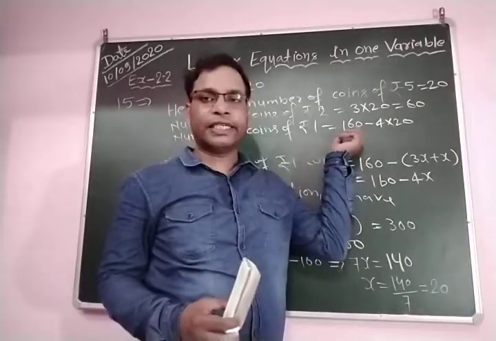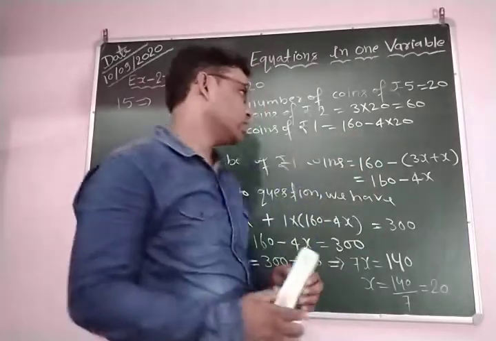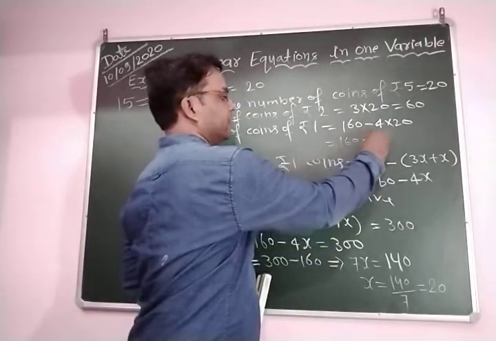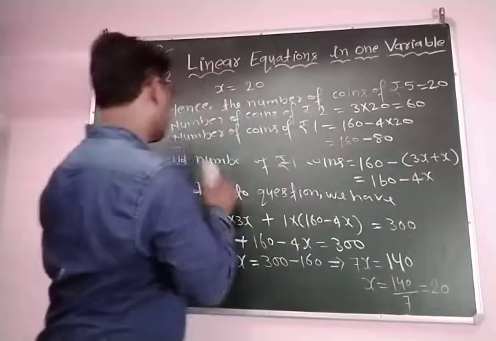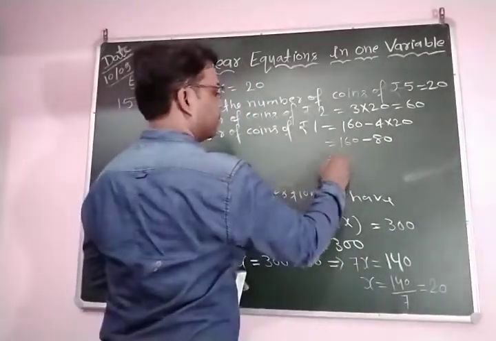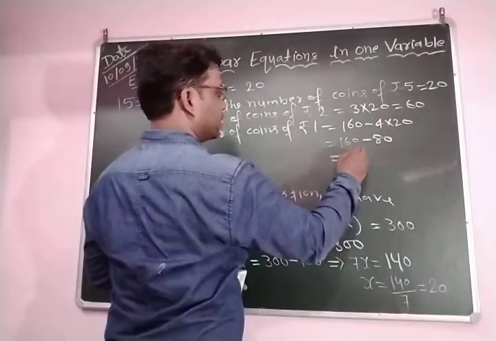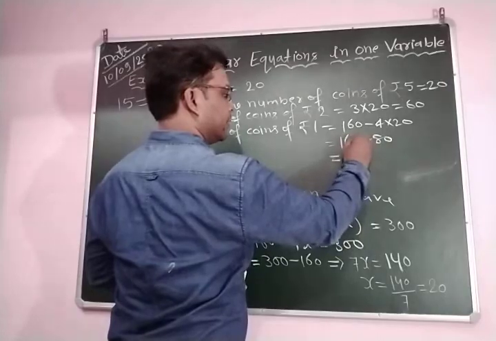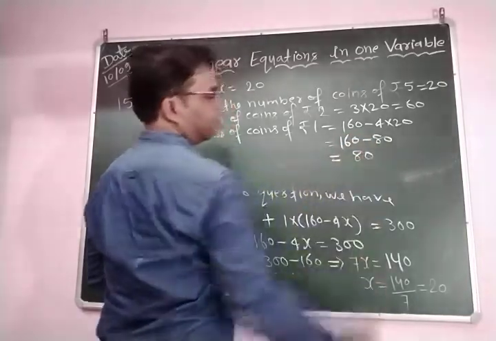So this is equal to 160 minus 4 into 20, which is 160 minus 80. So the number of coins of 1 rupee is 80.